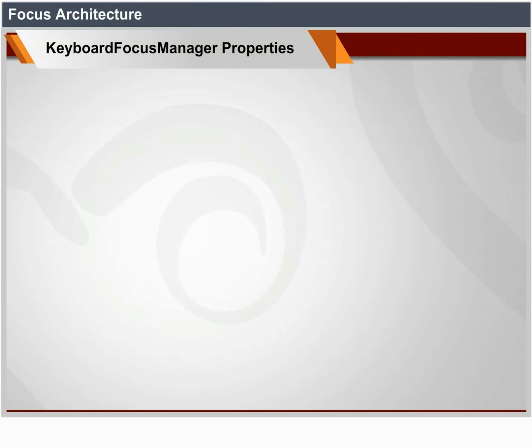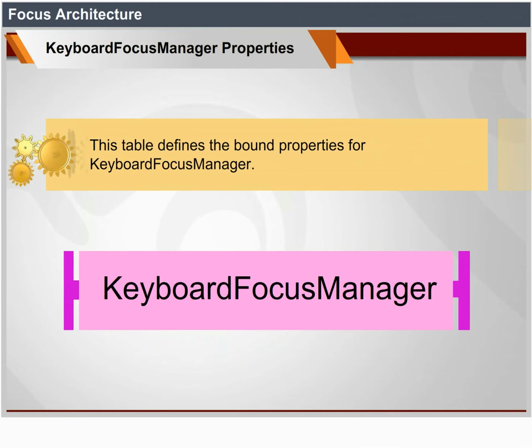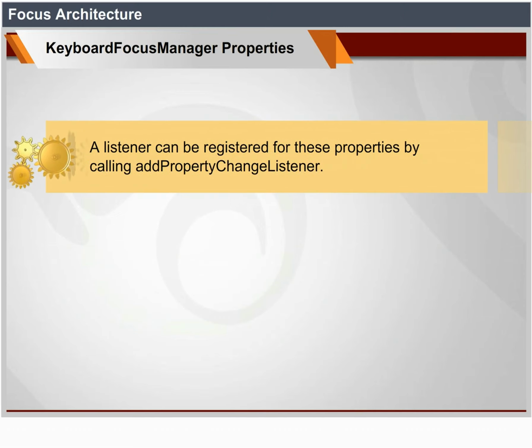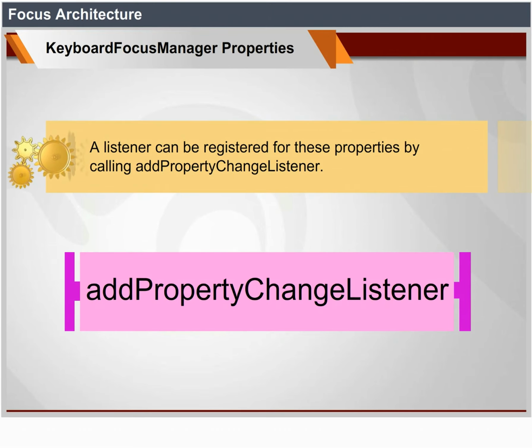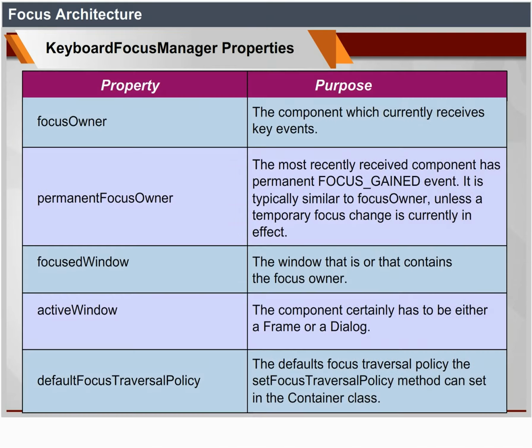Keyboard Focus Manager properties. This table defines bound properties for Keyboard Focus Manager. A listener can be registered for these properties by calling addPropertyChangeListener. Property and its purpose. Focus owner: the component which currently receives key events.